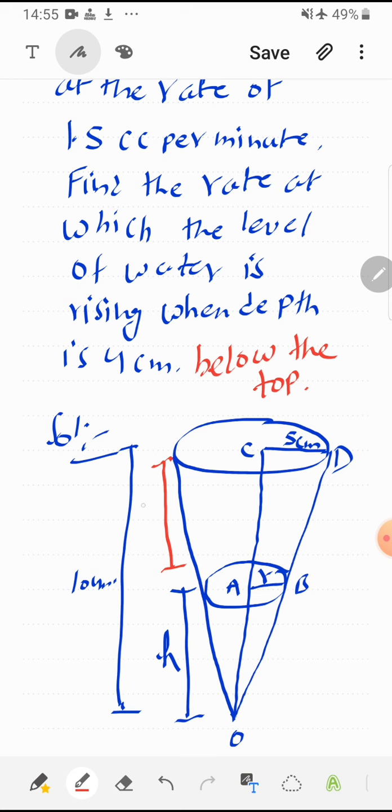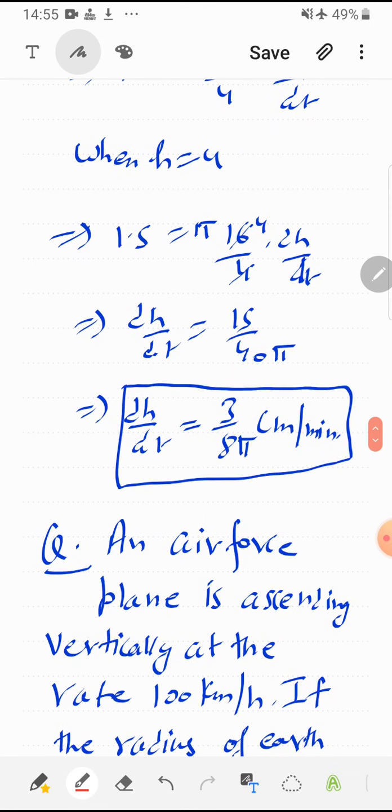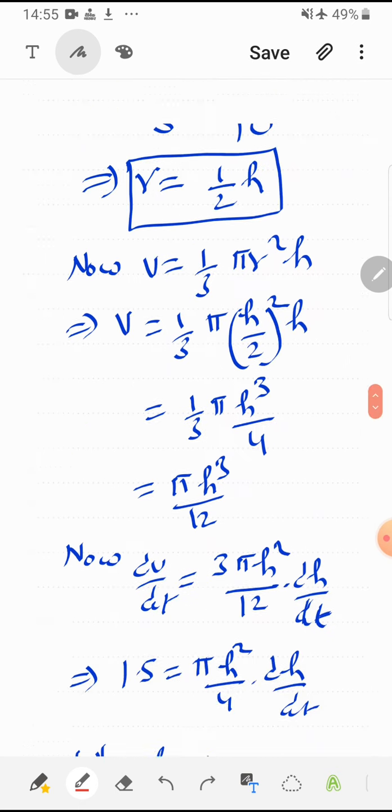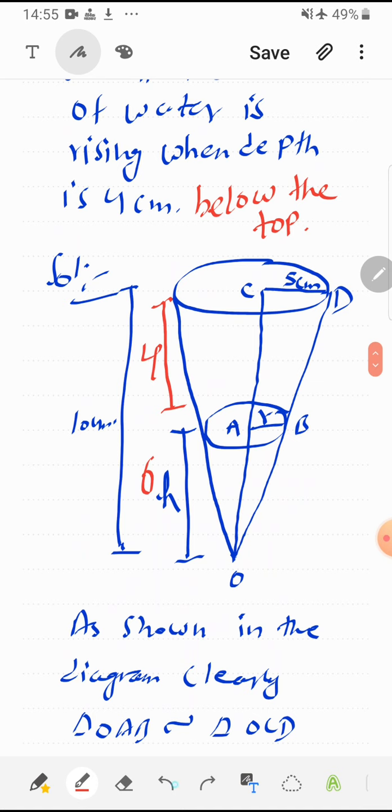So total is 10, this is 4, so this h is 6. Rest of the question is the same, method is the same, calculations are the same, but in the last you have to put h as 6, because total height is 10 and 4 centimeter below the top. So this point we have to remember, otherwise if it is given straightaway, you can put 4.